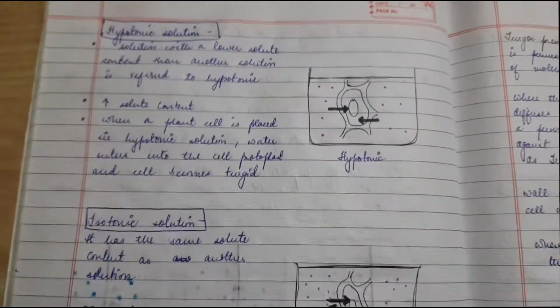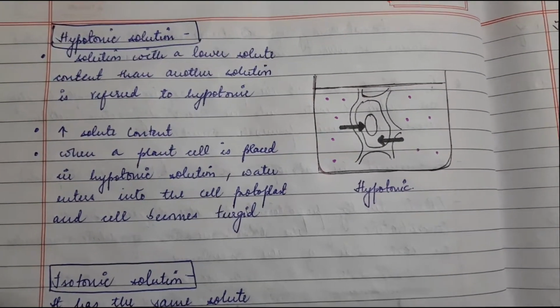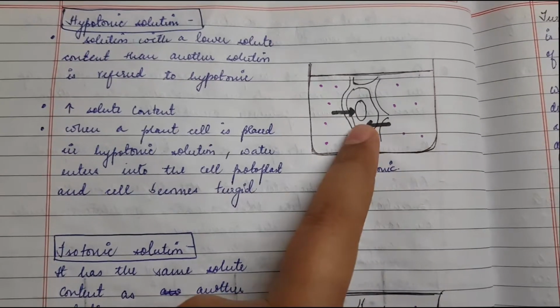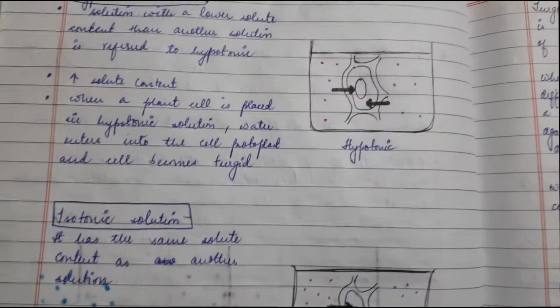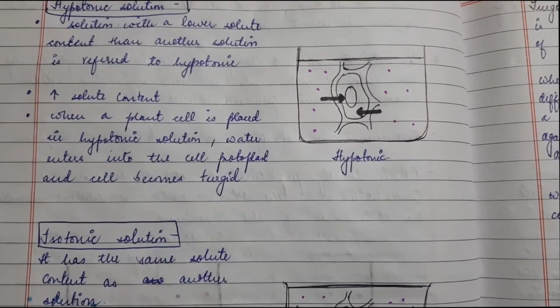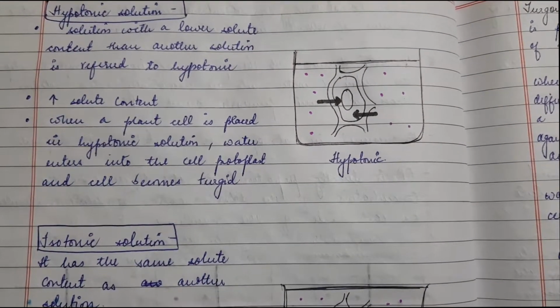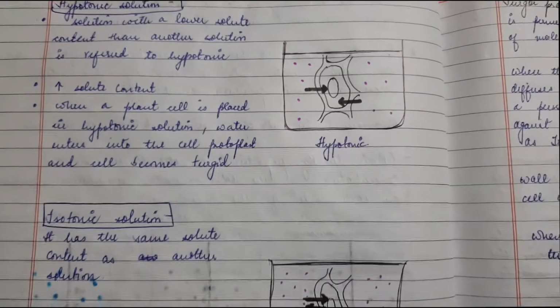Solution with a lower solute content than another solution is referred as hypotonic. Hypotonic में you can see the movement of water is inward. Cell के अंदर पानी जा रहा है तो मतलब it swells, it becomes turgid. Because of the increased solute content, when the plant cell is placed in a hypotonic solution, water enters into the cell protoplast and the cell becomes turgid.